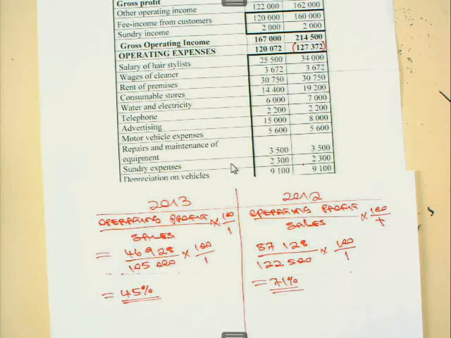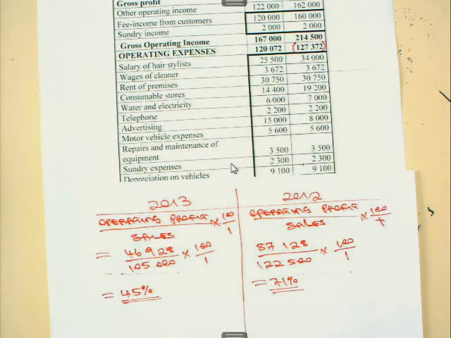It means, as per this activity, that for every rand of sale in 2012, we got an operating profit of 71%, after we have taken all expenses into consideration. Then that profit declined to 45% in 2013. It's a huge decline, but the fact of the matter is, it's a decline.